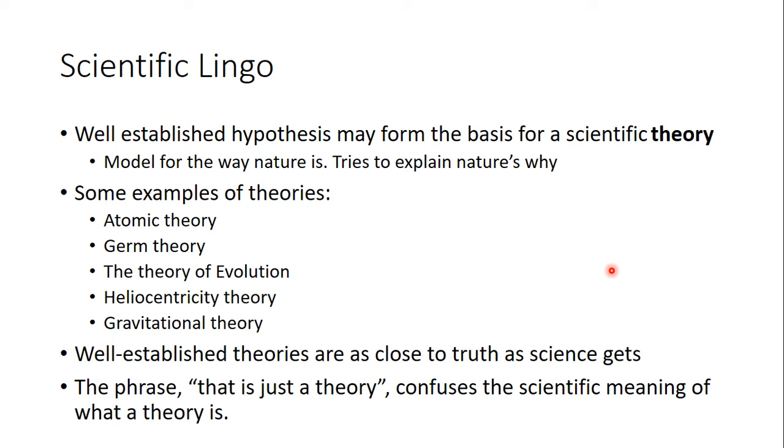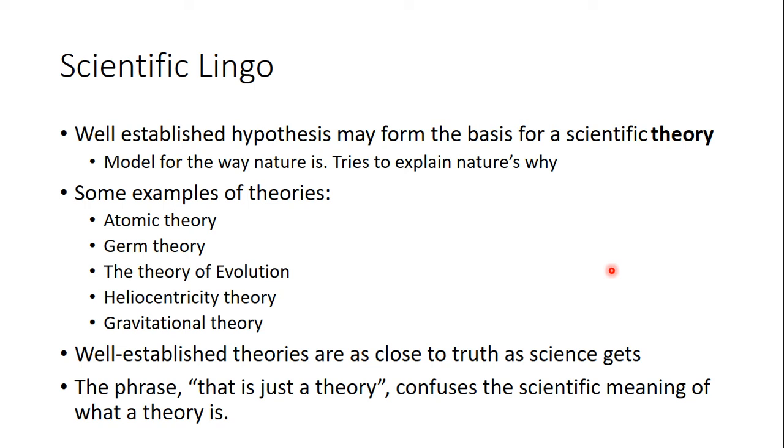Now, theories are really as close as we can ever get in science to saying why something is. But like all science, they are subject to being changed by experiments. However, a commonplace phrase, especially when it comes to evolution, is, why would I believe it? That's just a theory.